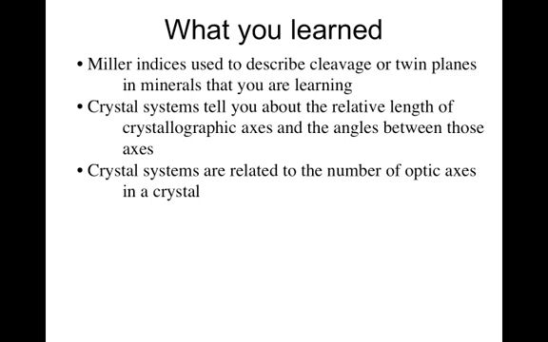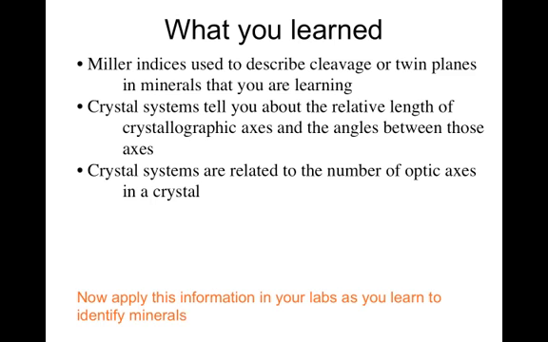And that all can be used together to understand the information that's in your text or in your reference book to find the right physical or optical properties in the minerals that you're looking at. So please apply this information in your labs as you learn to identify minerals.